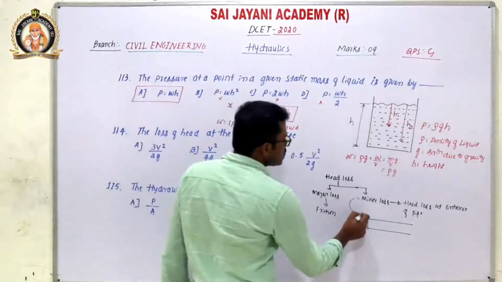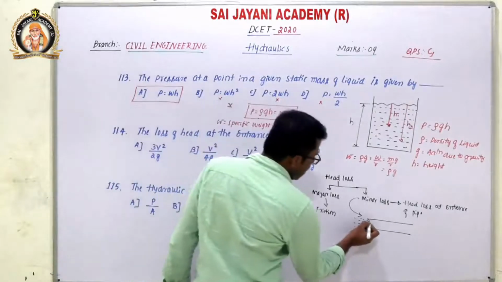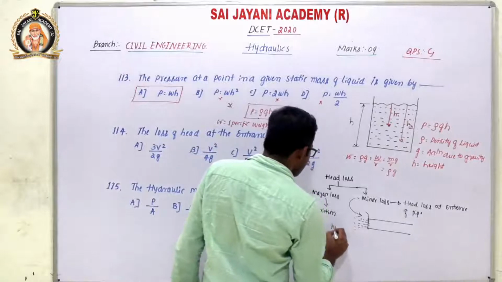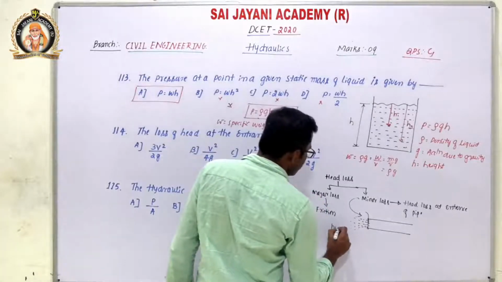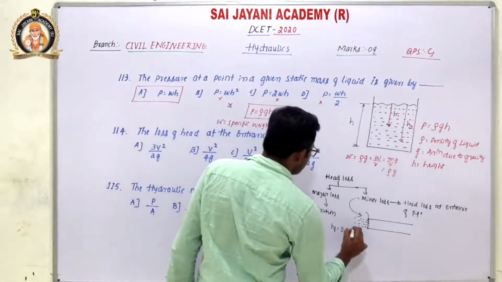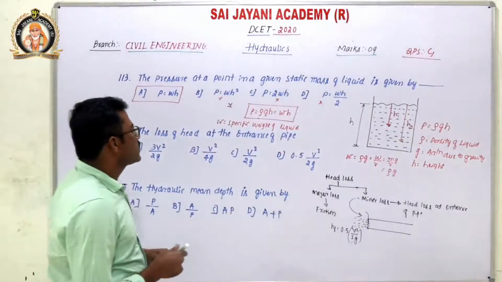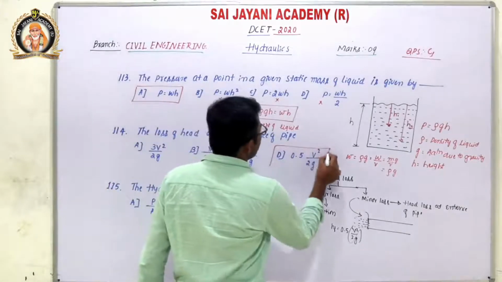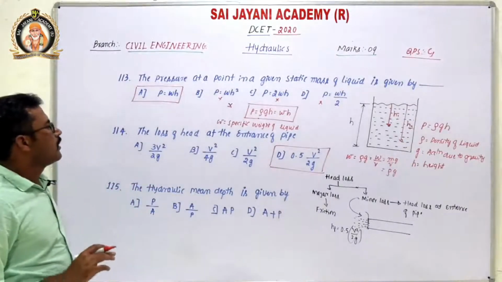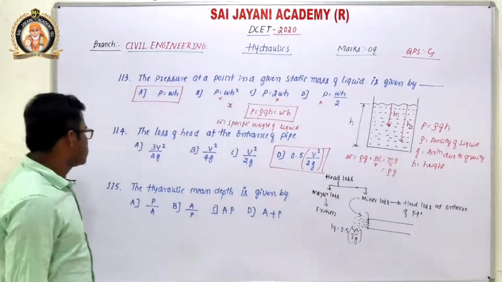That is a minor loss which can be neglected in most cases. It is given by h_f, head loss due to the entrance of pipe, is 0.5 times V square by 2g. So option D is the right answer, 0.5 V square by 2g. The remaining three answers are not right answers.